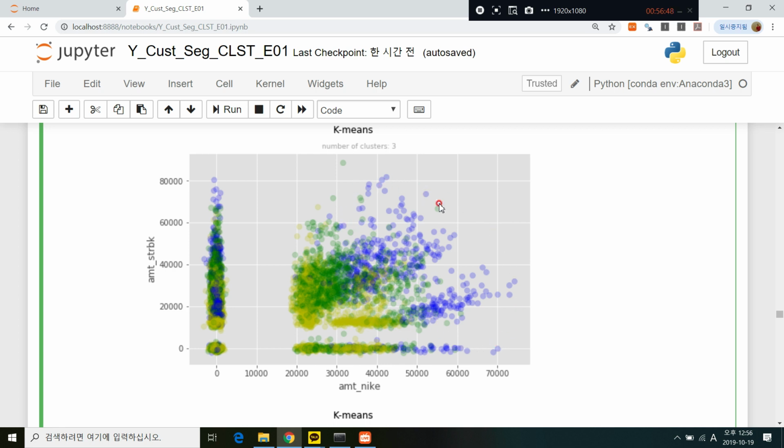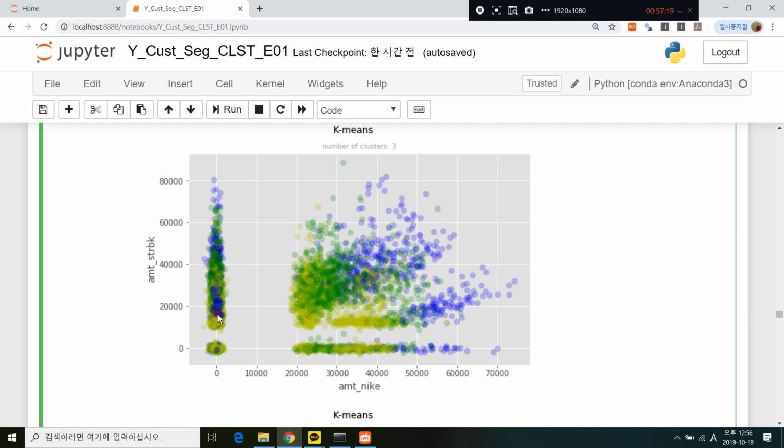Wow, there are lots of big bulk guys, some small bulk guys, just like this. Okay, and notice that here are interesting groups. They do not buy Nike, a little bit of Starbucks, but they are spending a lot.